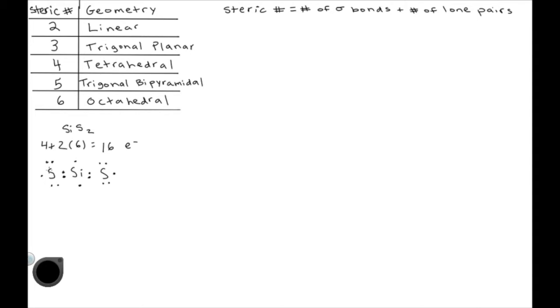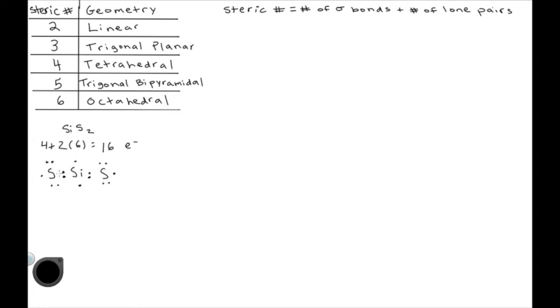Finally, we add double and triple bonds to satisfy the octet rule, meaning 8 valence electrons around each atom. So we join each unpaired electron on the sulfurs to the unpaired electrons on the silicon to form covalent bonds.